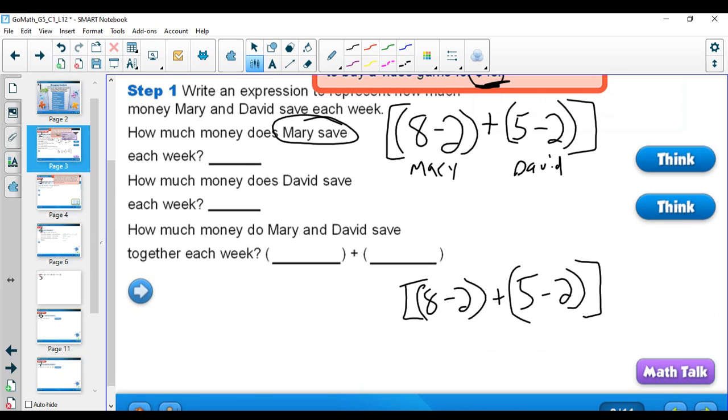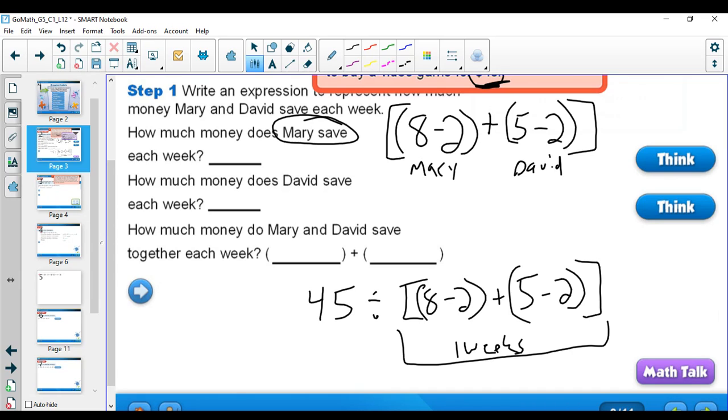Now, if they are saving up for a $45 video game, and I want to know how many weeks it's going to take them, this set of brackets from here to here tells me that this is 1 week's saving, right? Remember, we identified that the parentheses were for Mary and for David. Together in the brackets, it's for the weeks that we saved up. And then we would do our division to finally solve this problem.